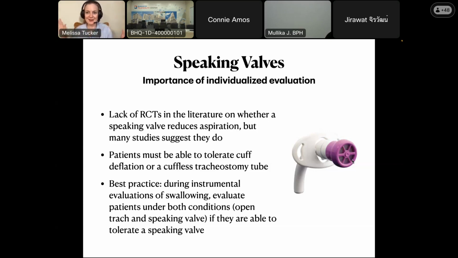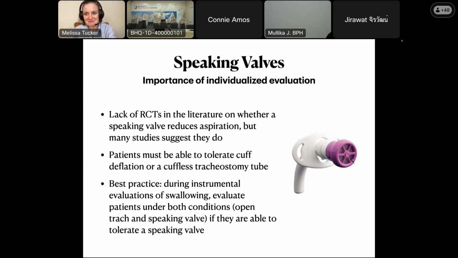I don't work for them. I'm not affiliated with them in any way, but I love these one-way speaking valves in patients with tracheostomy, and would highly encourage anyone who frequently works with tracheostomized patients to look into this more. And of course, I'd be happy to talk with you about it more in the future if you'd ever like to have me back.